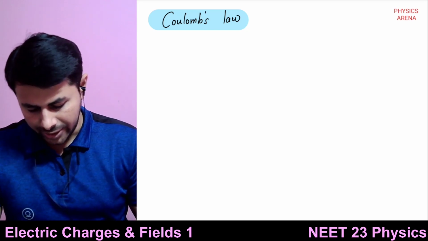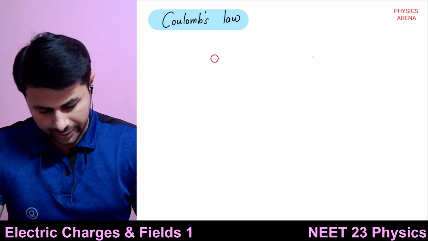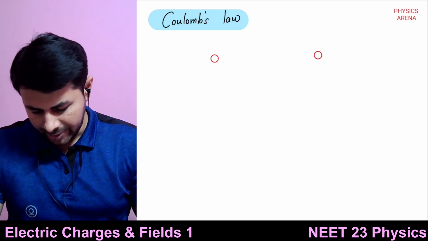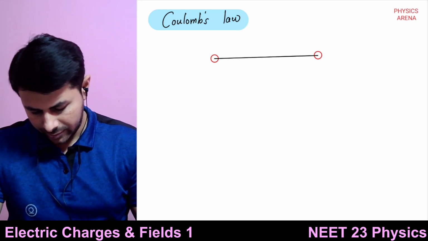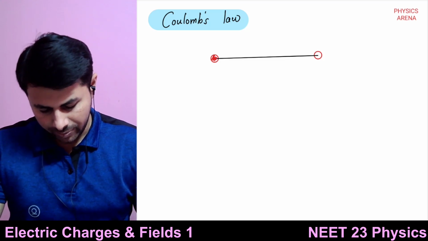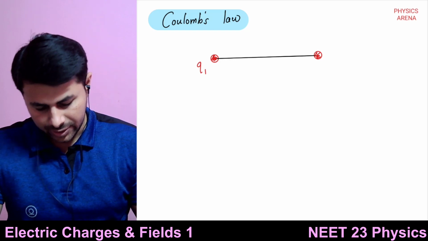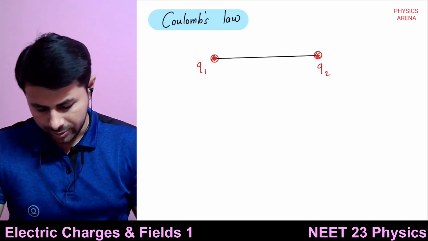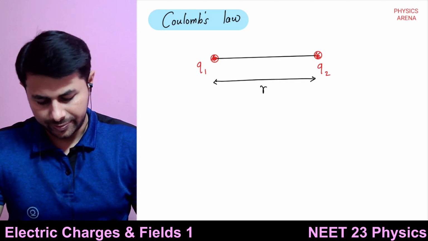So if we have two charged particles or two charged bodies, like this, and they are separated by some distance, charge on first body is suppose Q1, charge on second body suppose Q2, and the distance between the two bodies is suppose r.